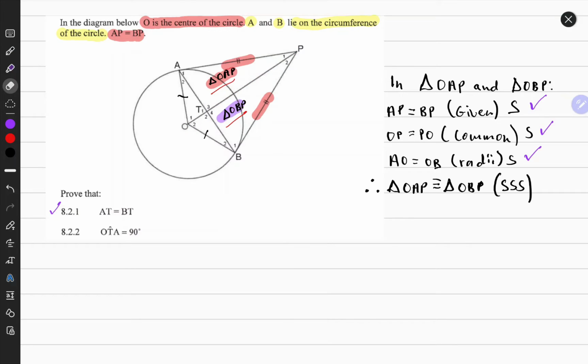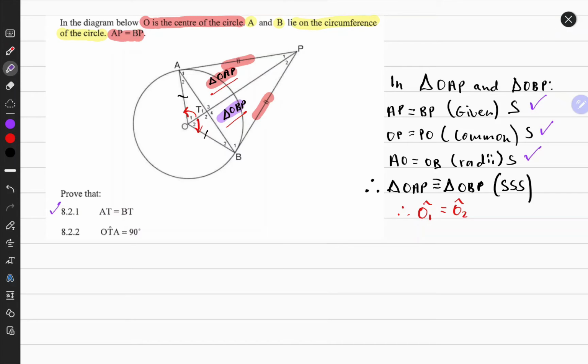And because of congruency, the angles across the equal sides, O1 is across this side and O2 is across that side, we can say that therefore angle O1 is equal to angle O2.